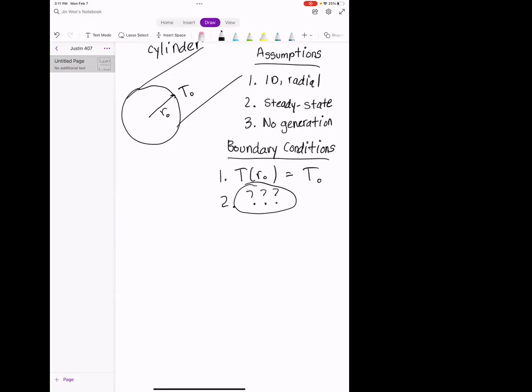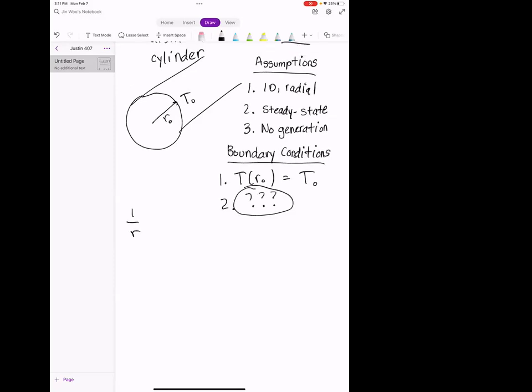Since we're assuming no generation, we can start our solution at the same point that we did last time. We have 1 over r times d dr of k r dT dr is equal to 0.